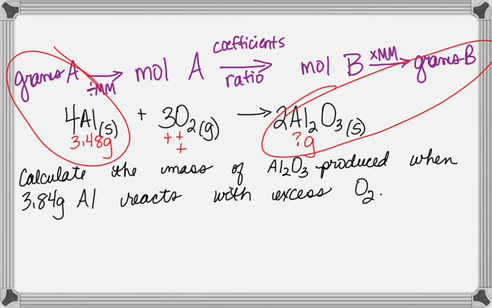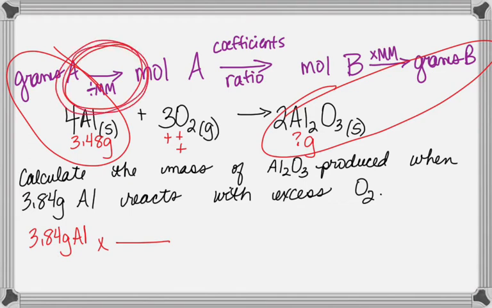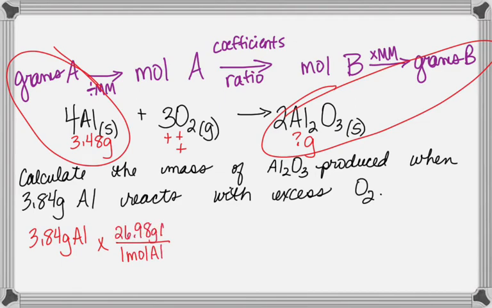So we're going to start with 3.84 grams of aluminum. We're going to set up first this conversion. A mole of aluminum is 26.98 grams of aluminum. That number comes from the periodic table. Y'all erase that, because I wrote it wrong.